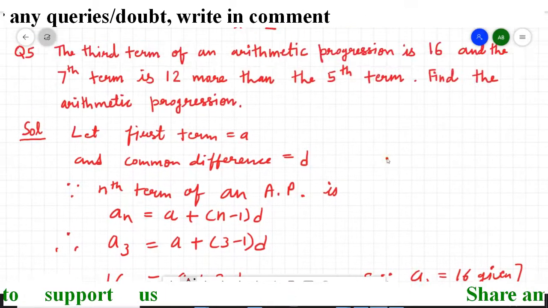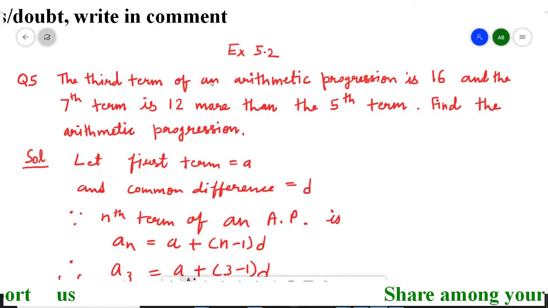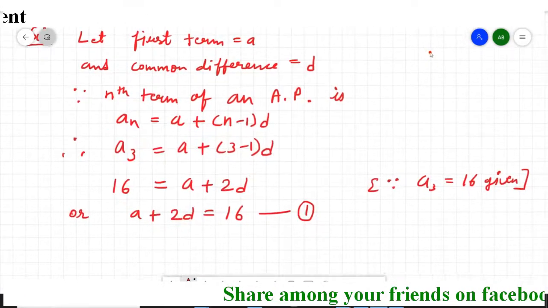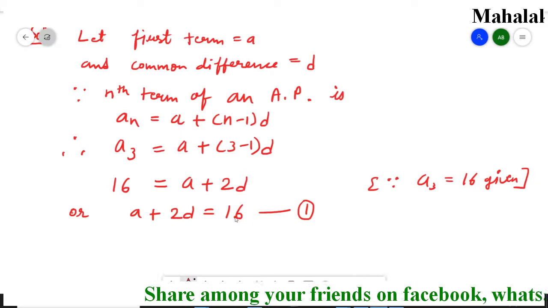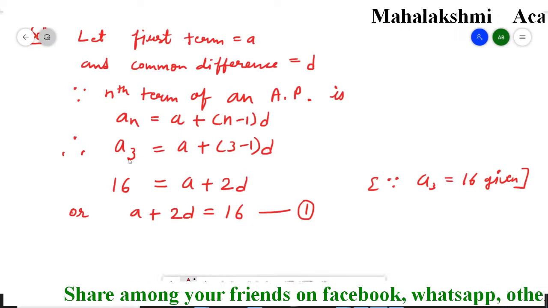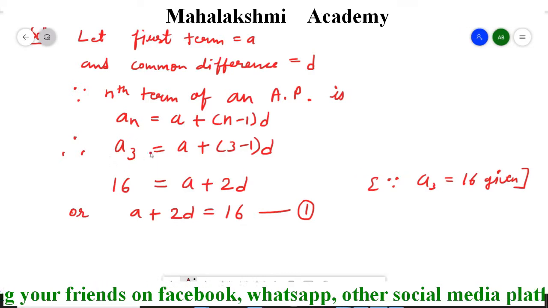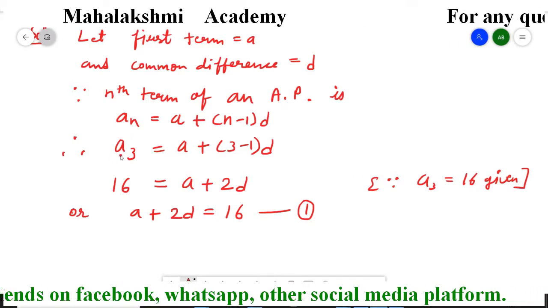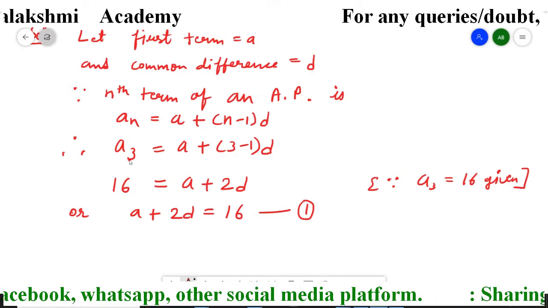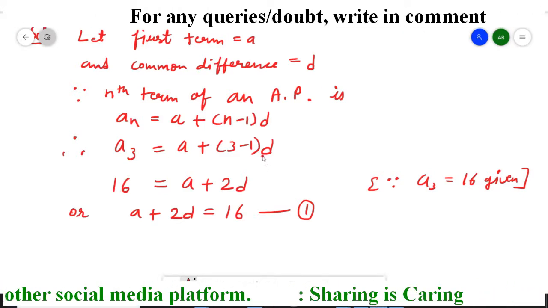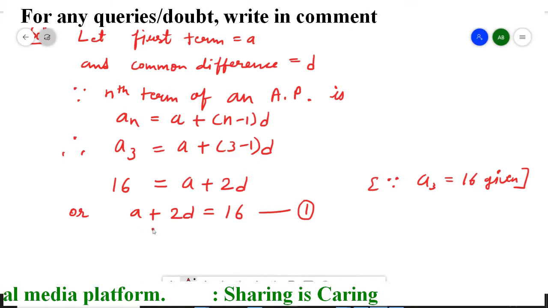Let's see in the question what the first information is: the third term of the arithmetic progression is 16. From this information we got this equation. We calculated the third term with the help of the nth term, and instead of A3, the third term, we substituted 16 given to us, and the first term and common difference we don't know.